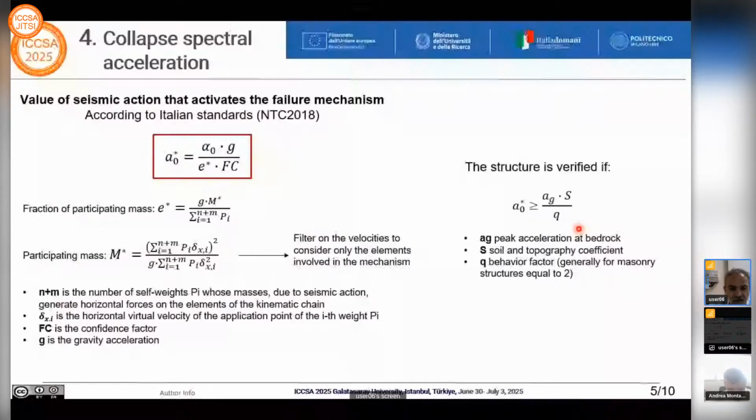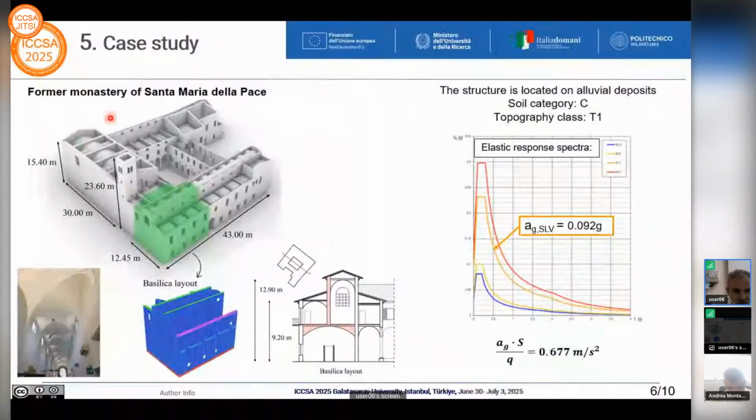So let's go and see an example. A portion of the palace located in Piacenza, the most interesting part, the one in green that you can see on the left, because the geometry of this portion is very complex and very irregular. We have a cloister vault with a big span at the ground floor that is surrounded at the keystone by a quite heavy wall, this one.